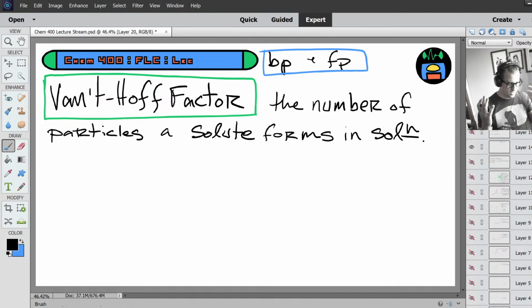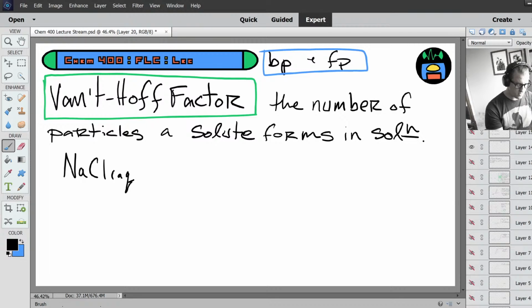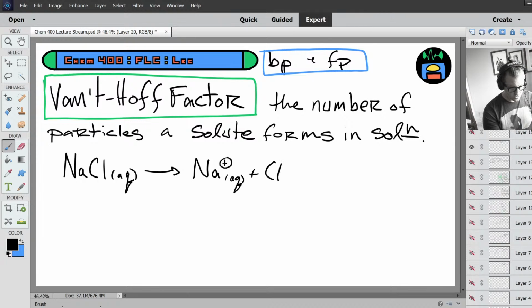What's that? Well, for example, aqueous sodium chloride, we know this is an electrolyte, splits into sodium cations and chloride anions.